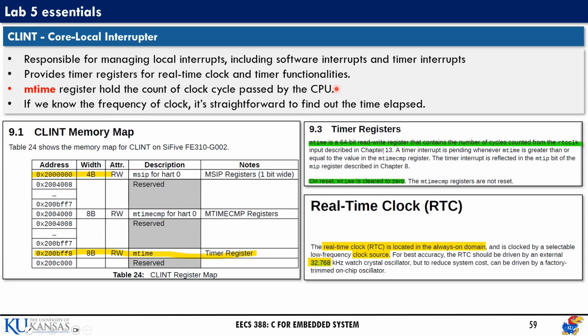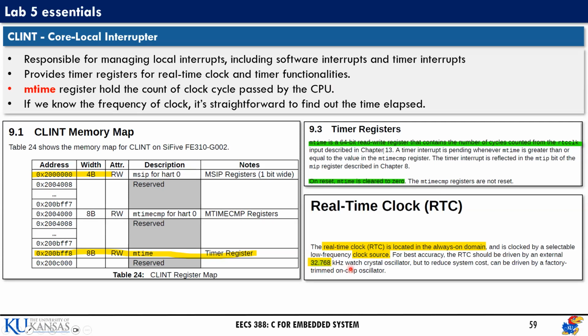We have a specific frequency for this CPU, and we have different clock sources to generate these clock cycles. We have the real-time clock, which is located in the always-on domain, and its frequency is 32.768 kilohertz, or 32,768 hertz.